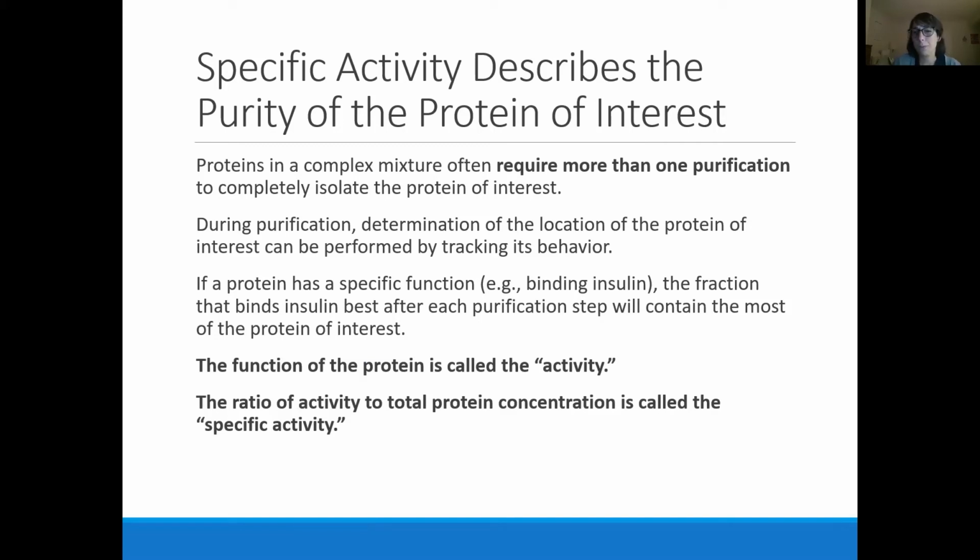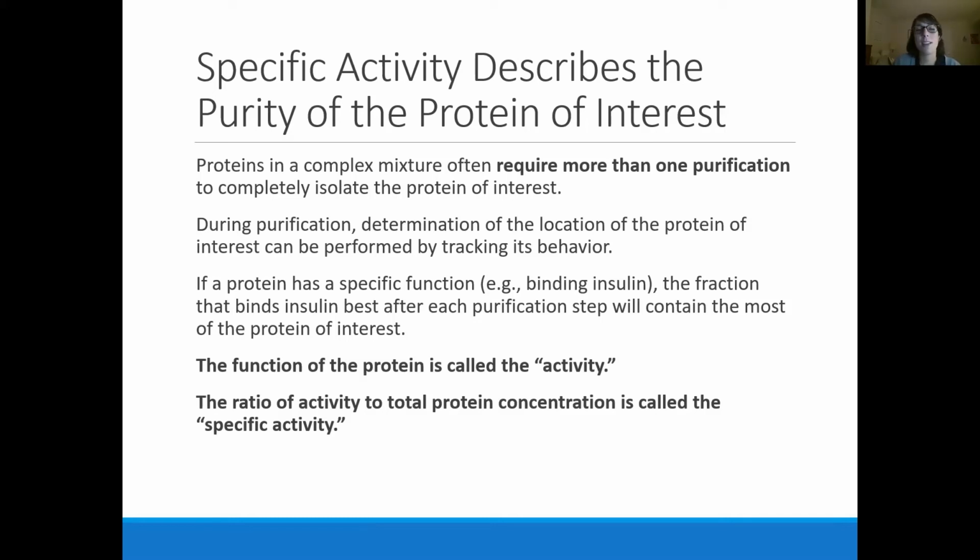So for example, if I have a protein that makes lactate, then I can check how much lactate is being made from my solution. That will give me an idea of how much of the protein is there.